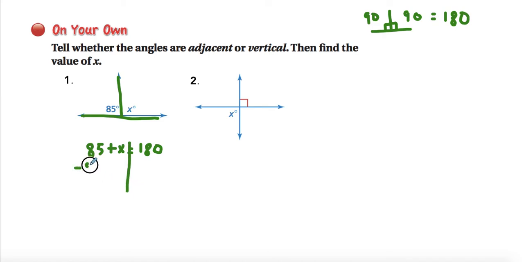I'm going to subtract 85 on both sides of my equal sign. 85 minus 85 cancels out to be 0, and I can bring down my x. 180 minus 85 equals 95.